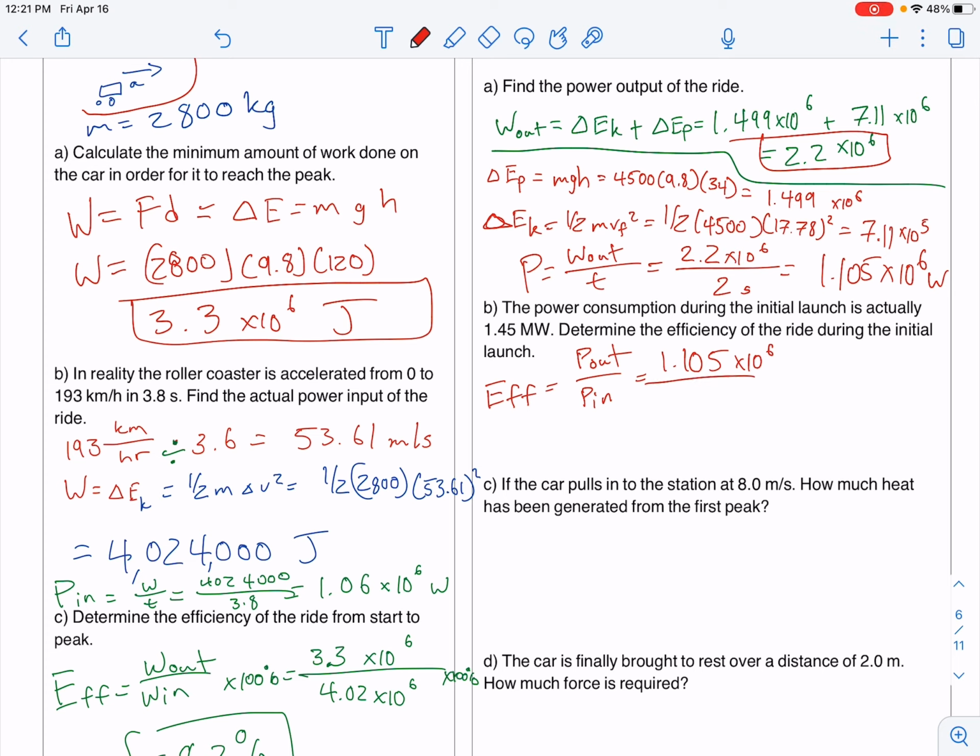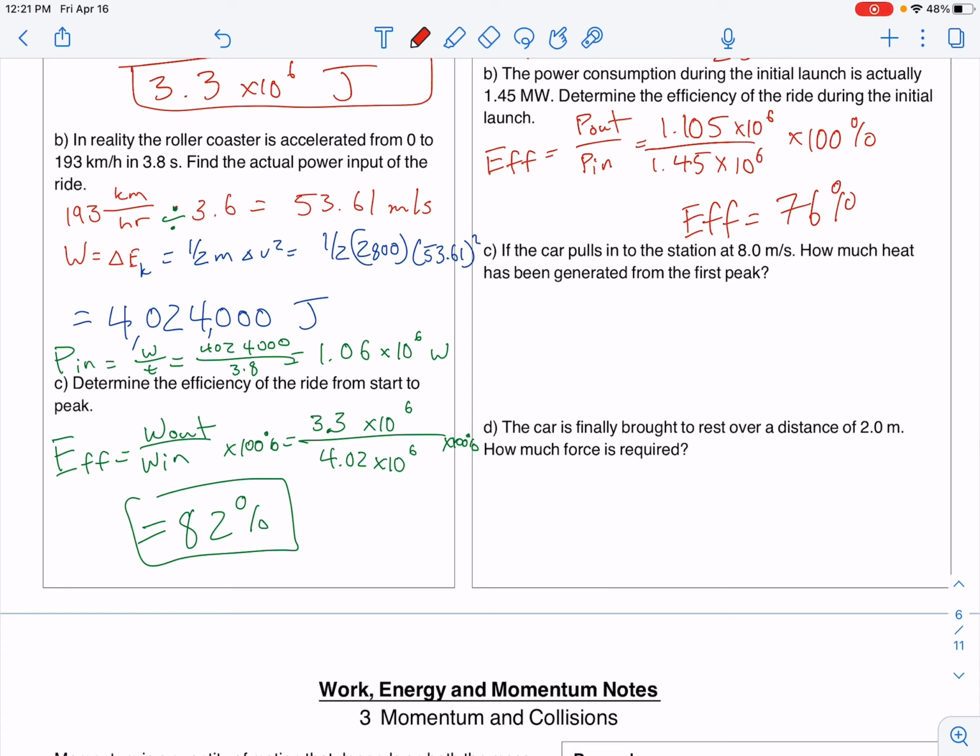We're given the power input is 1.45 megawatts. Think about what the prefix mega means. We're going to end up with 10 to the 6, all times 100. Okay, my efficiency is about 76%.